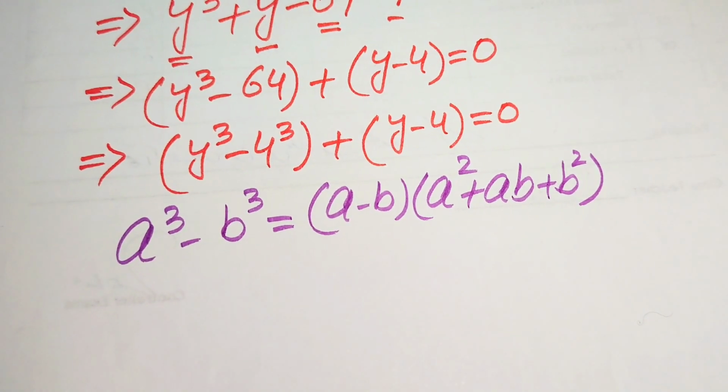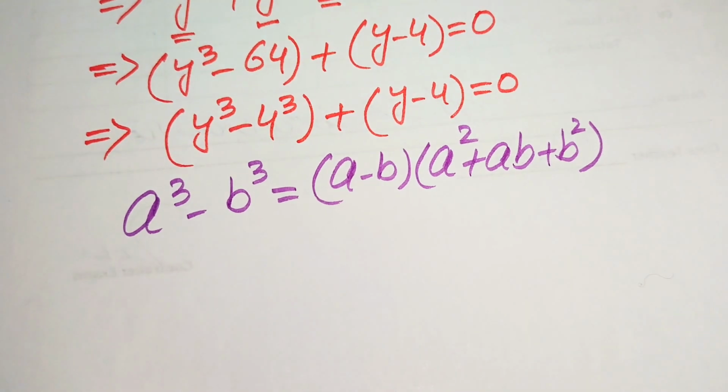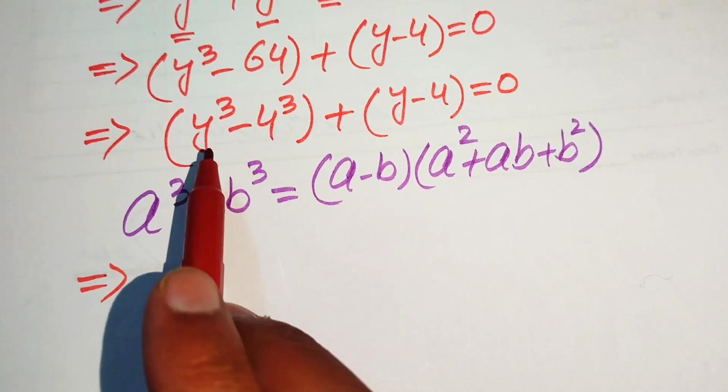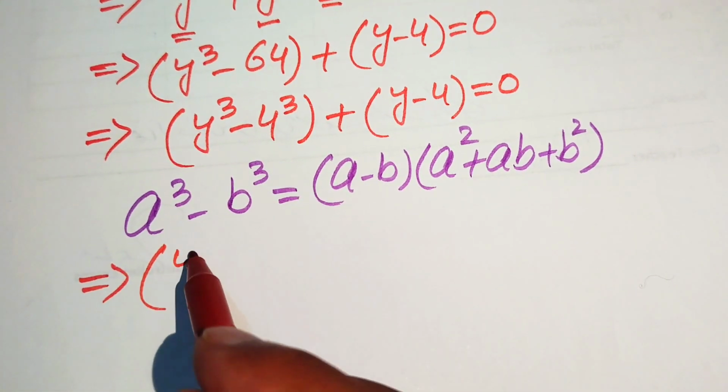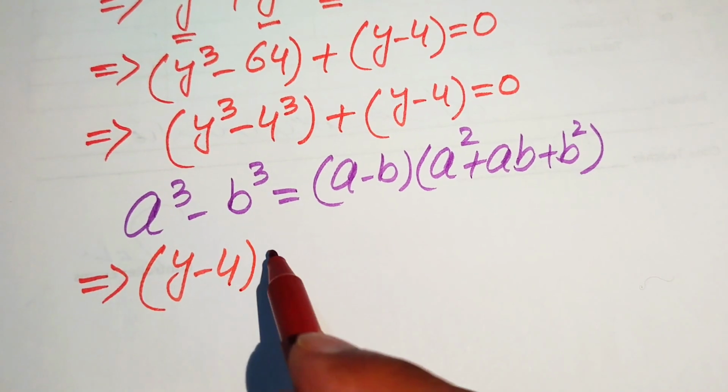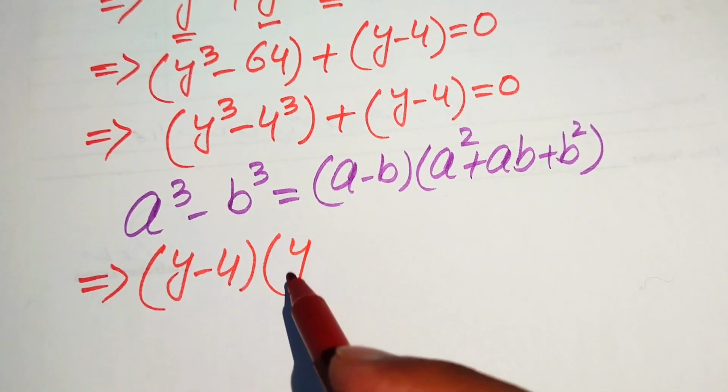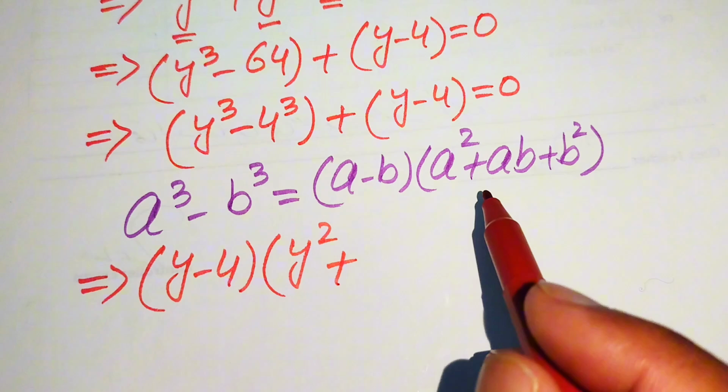So we use this nice cubic formula on the above equation, so that it is written in this form. This is y cubed minus 4 cubed. When we use this formula, it is written as y minus 4 times y square plus ab.